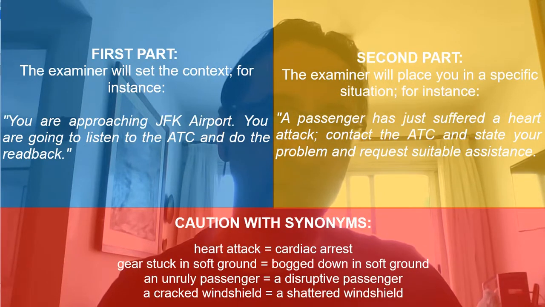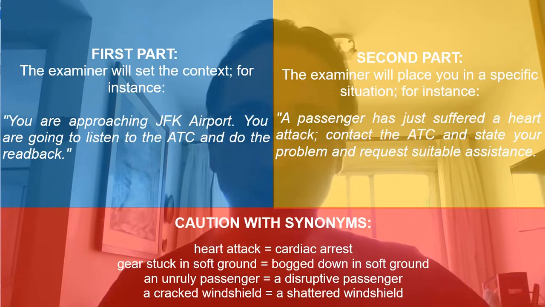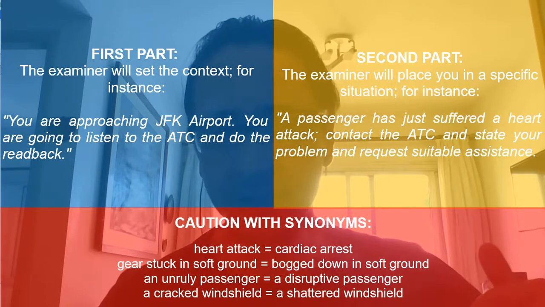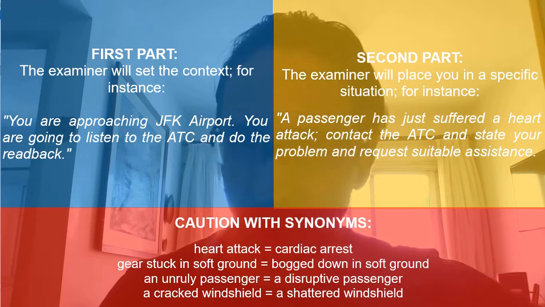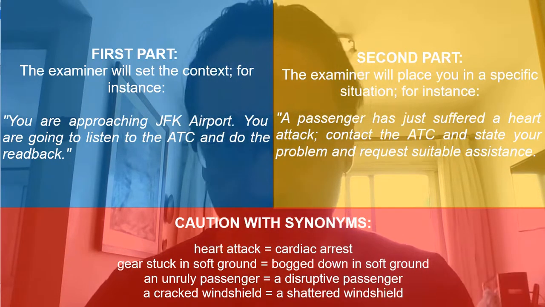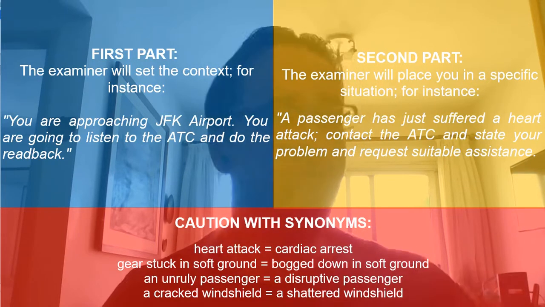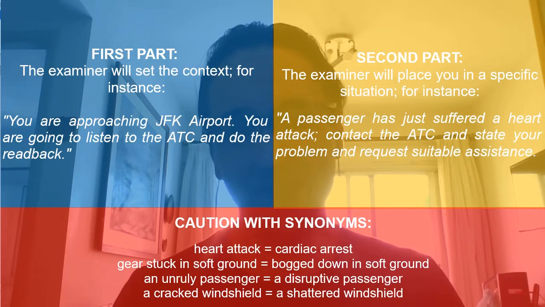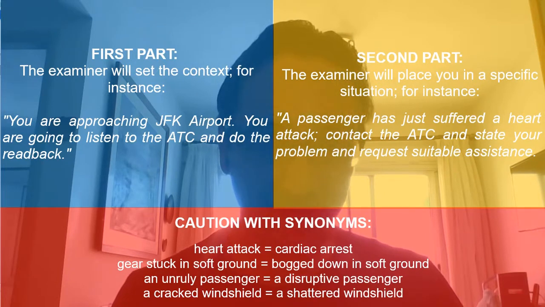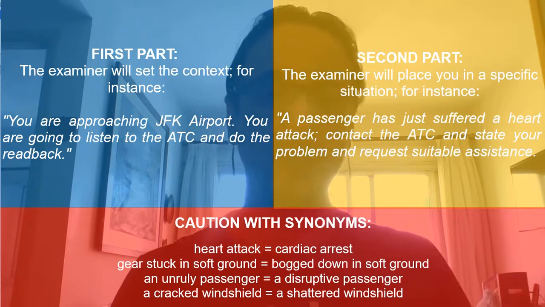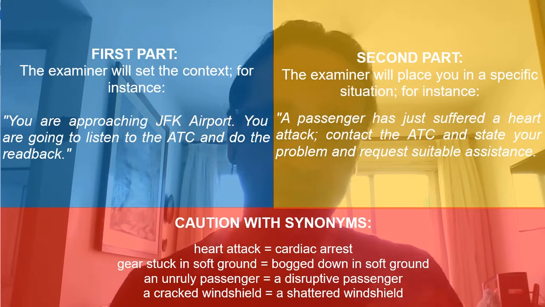So if the ATC says ANAC 123, Roger, turn left heading 350, confirm a violent passenger on board. So you say ANAC 123, turn left heading 350, and then you say negative. We have a passenger who has suffered a heart attack. We don't have an unruly passenger on board, and request medical assistance upon landing, ANAC 123.